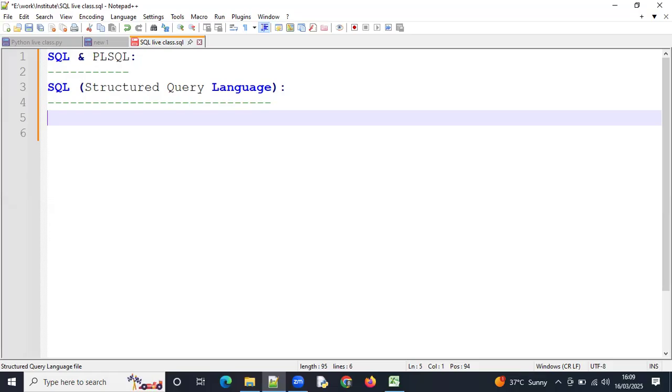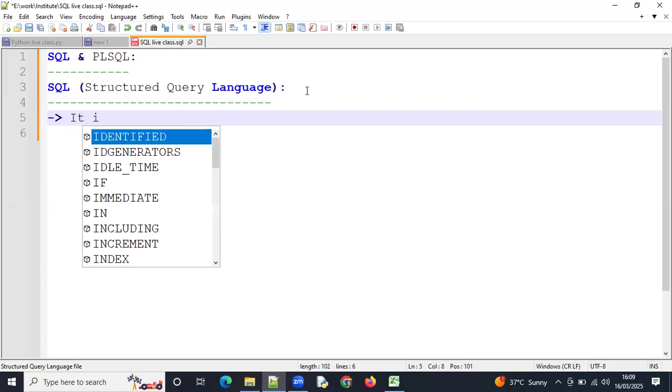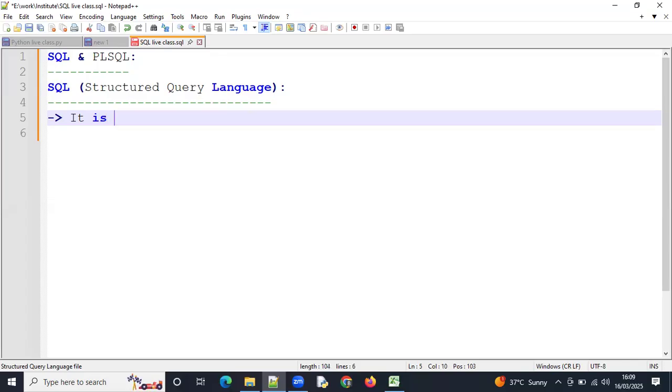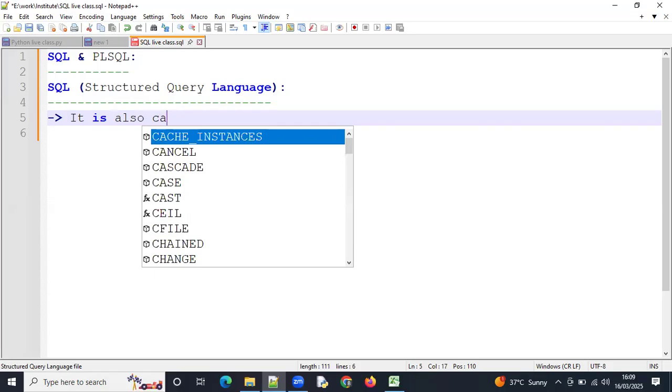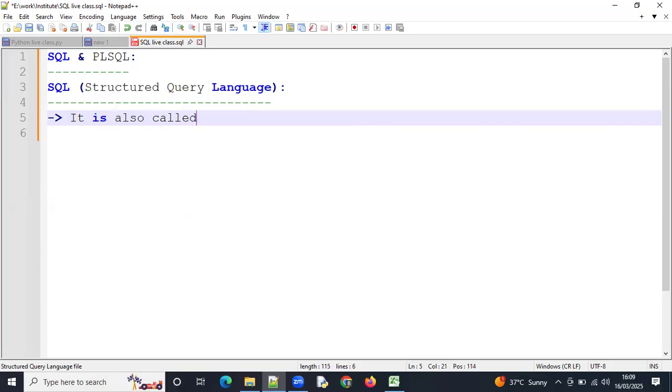Here I'm writing the first point. Whatever we discuss in this class, I will write the notes for those points.